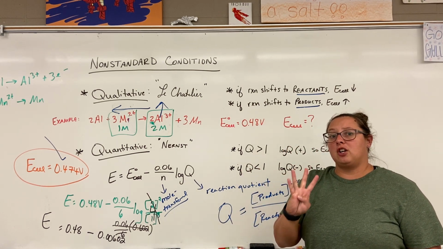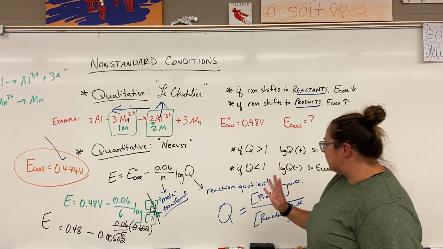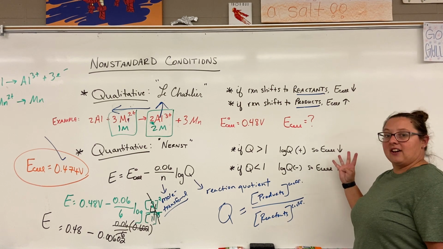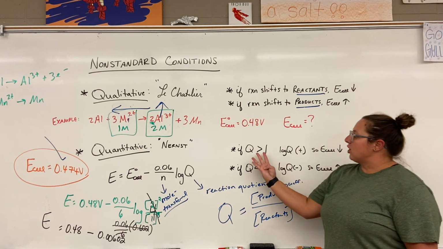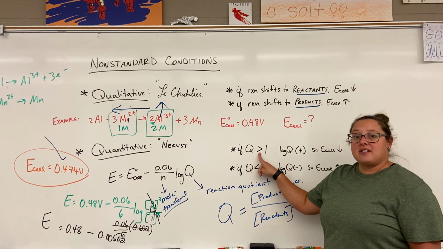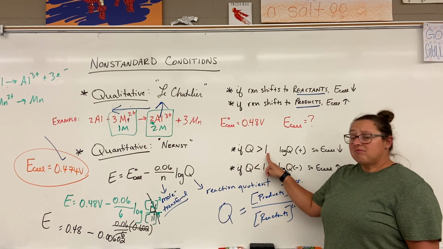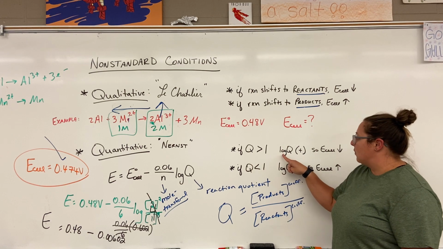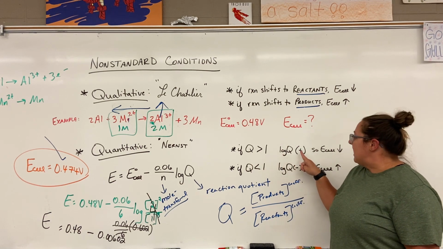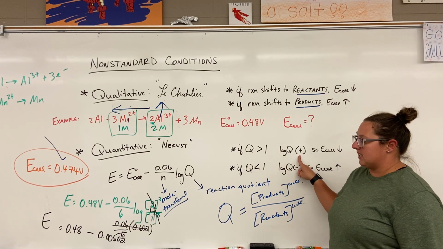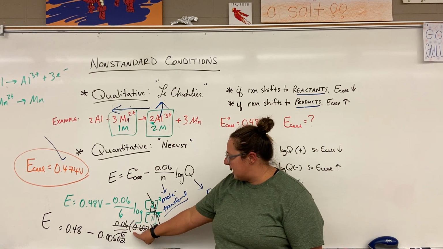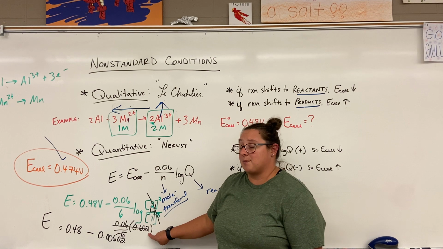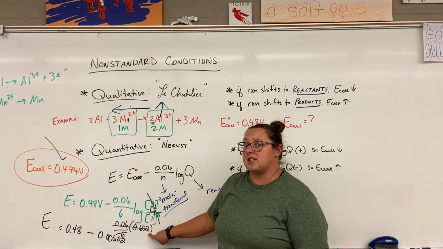Just by knowing our Q value, we can predict what will happen to our Ecell value. If your Q value is a number that is greater than 1, anytime we take the log of a number greater than 1, it will always be a positive quantity. Didn't we get a positive quantity here? 0.602. That is a positive quantity. It's a small quantity, but it's a positive quantity.